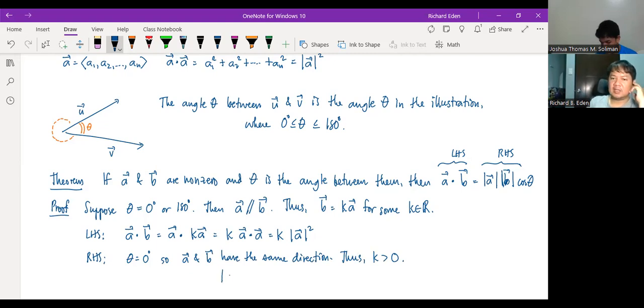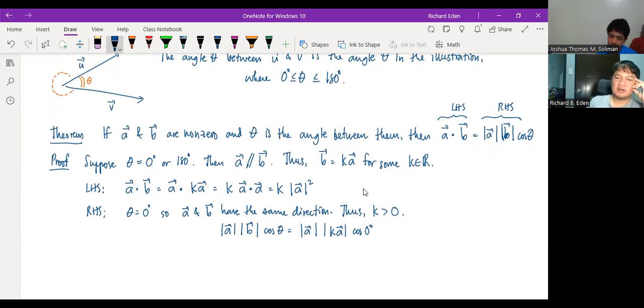Length of A, length of B, and then cosine of theta. Length of A, and then B, let's replace it by kA, and then cosine of 0 degrees. Now, the second factor has vector A, but you can take out the scalar k as it is because k is positive.